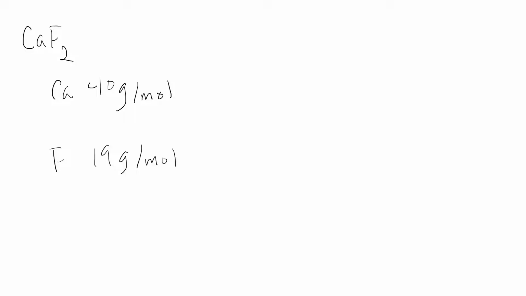So I have 40 here and I have 19 here. What we want to identify is that I have two fluorines, so essentially I need to have this times 2. So we have 40 plus 19 times 2.